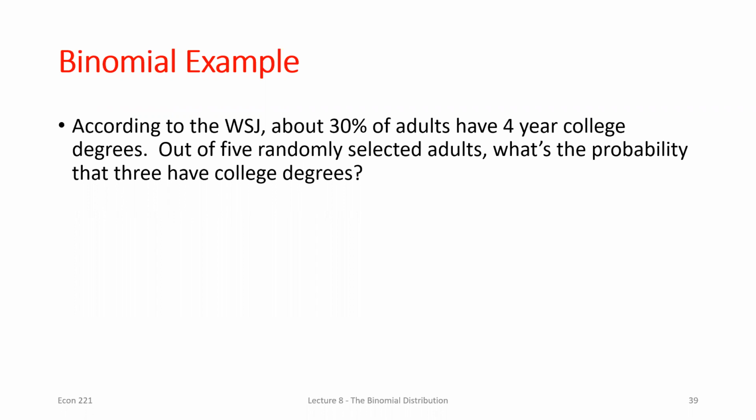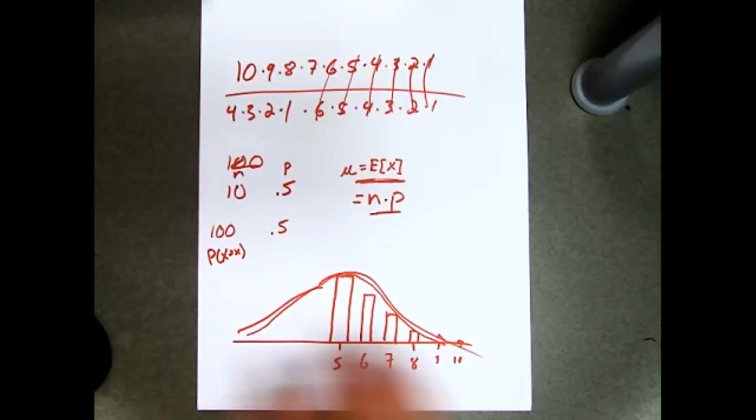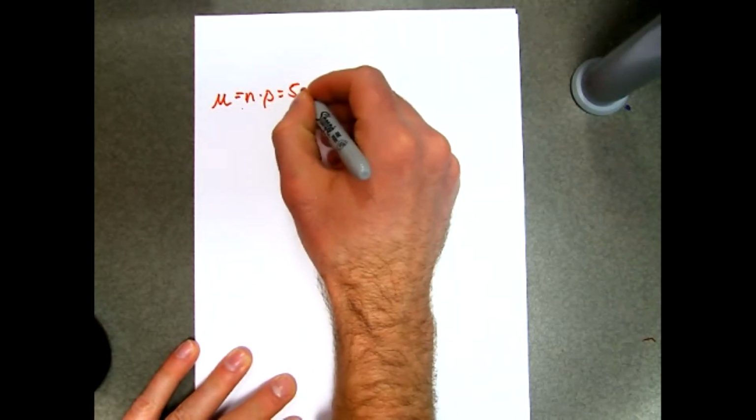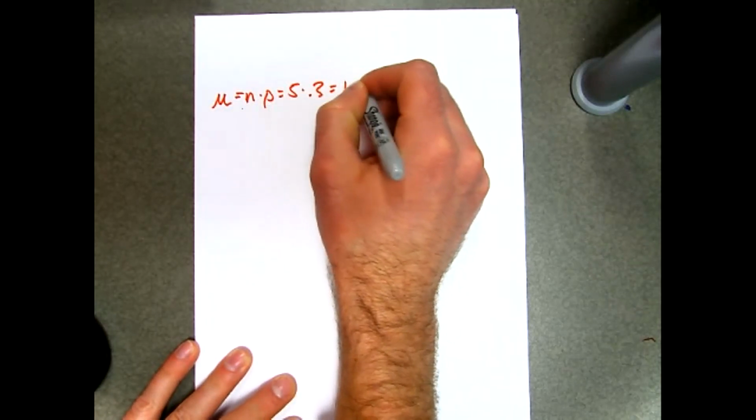If it was 10 people, 3. So 5 people would be 1.5. So this is kind of a weird one, where we've got this mean of 1.5. Well, this is a discrete random variable. So what's the most likely outcome?